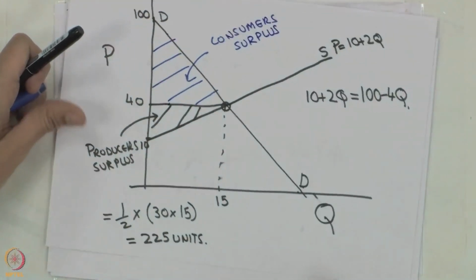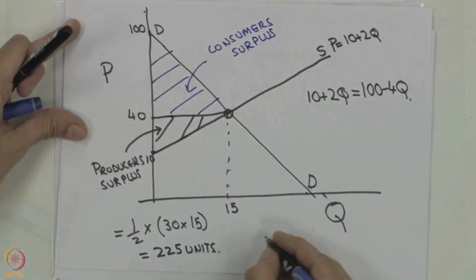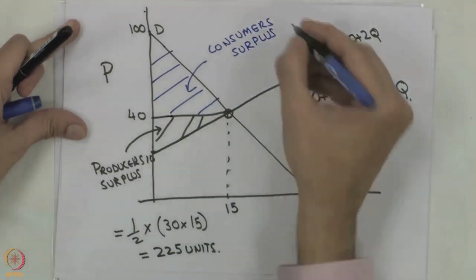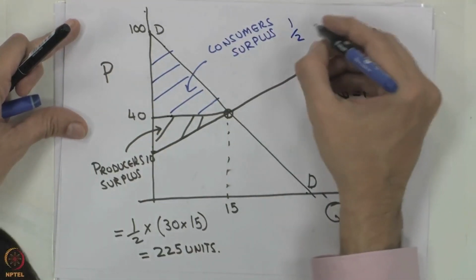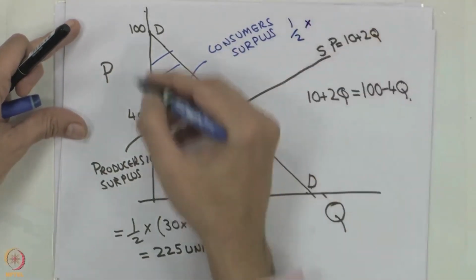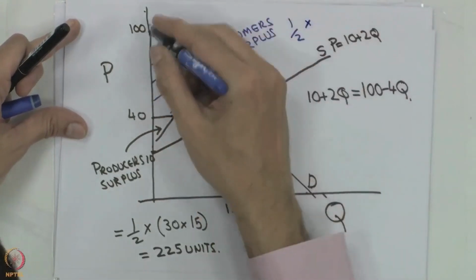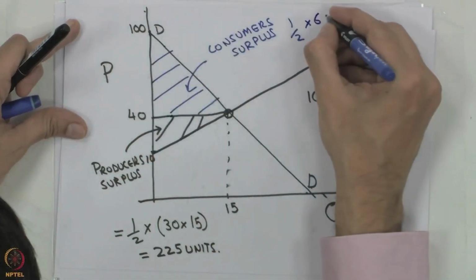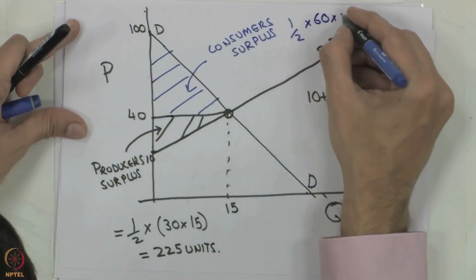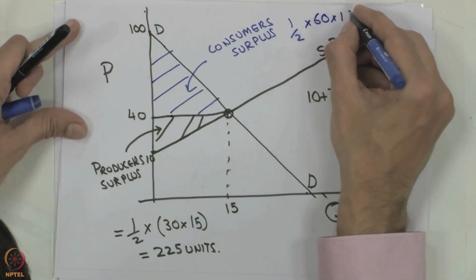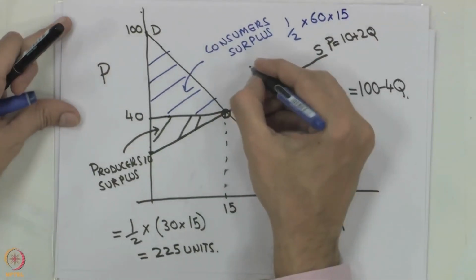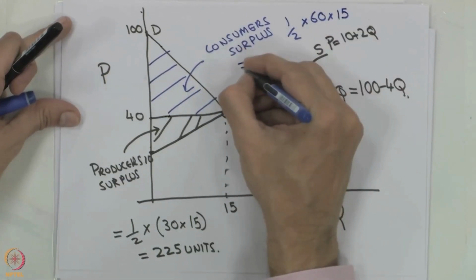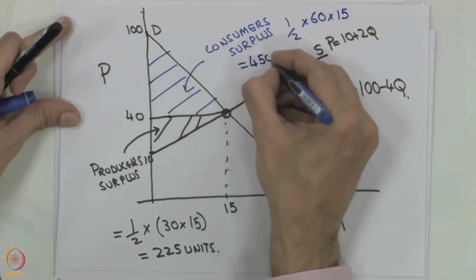So the consumer surplus here, the area of this triangle, is going to be half into 40, 100 minus 40 is 60, into 15. So this is going to be 30 into 15, 450 units.